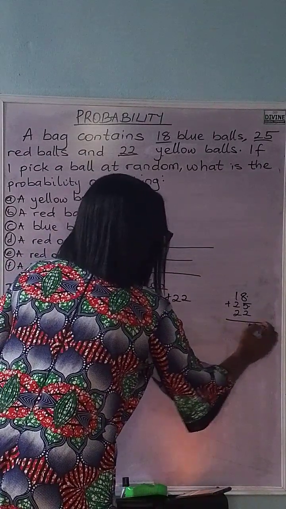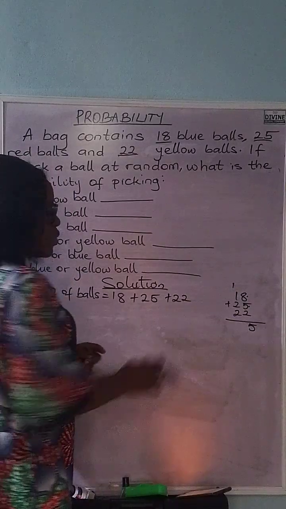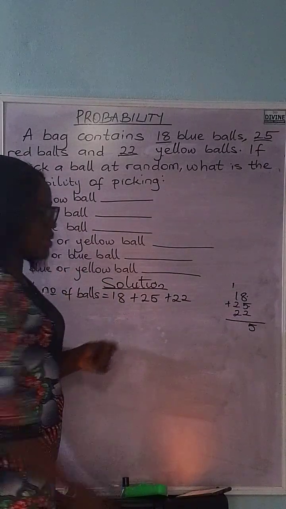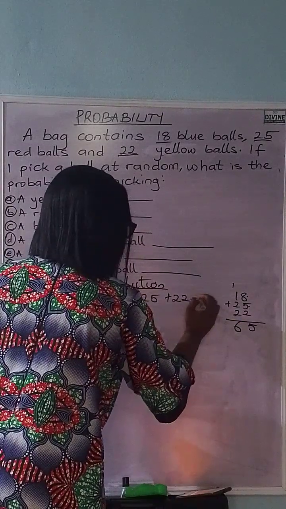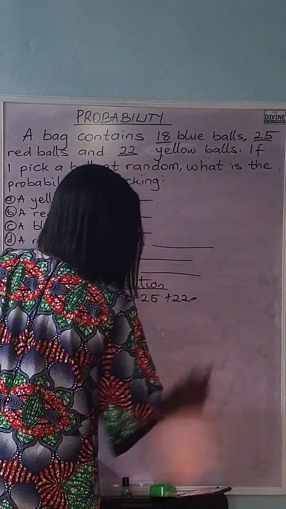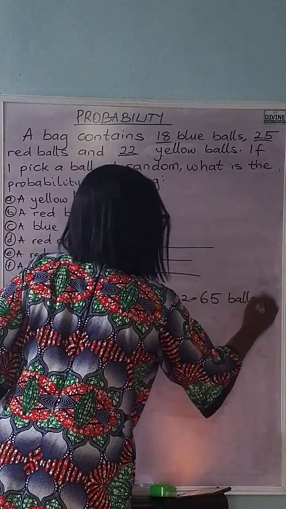We write 5 and carry 1. 1 plus 1, 2. 2 plus 2, 4. And 4 plus 2, 6. We have 65. So the total number of balls is 65 balls.